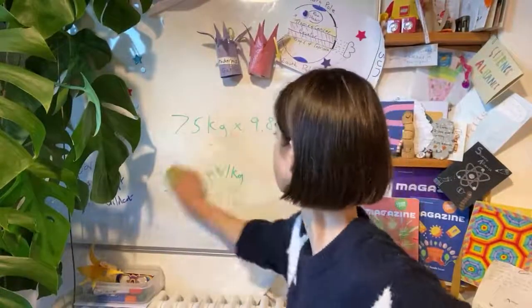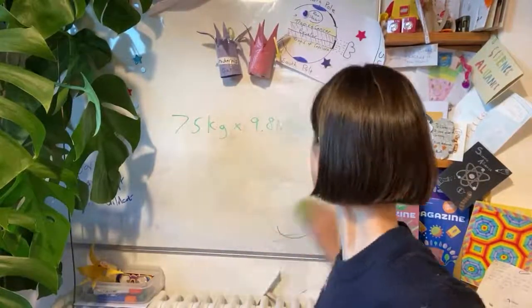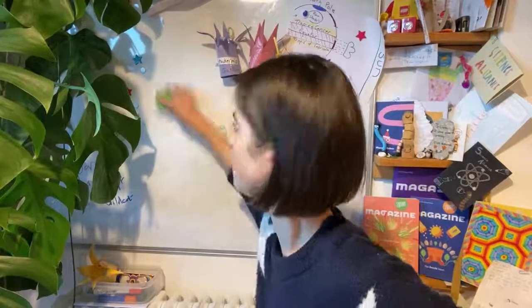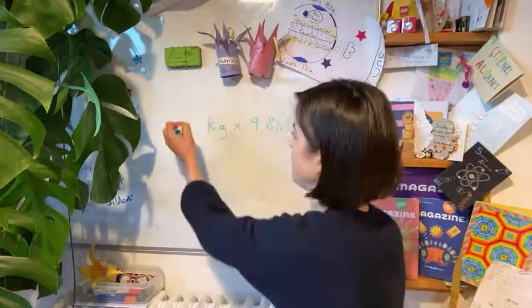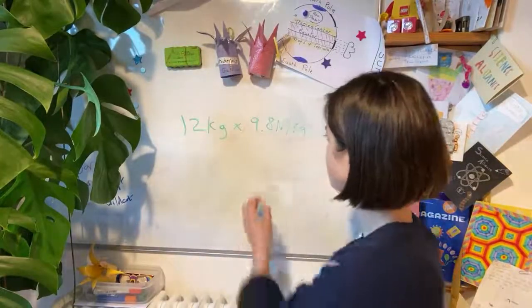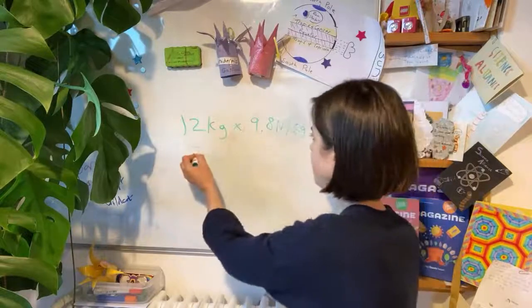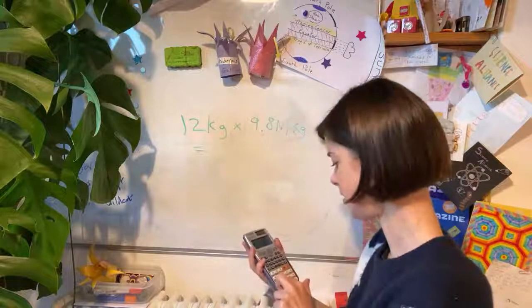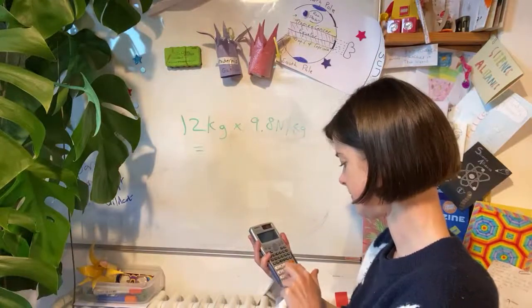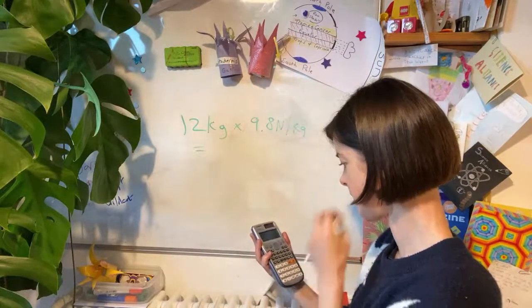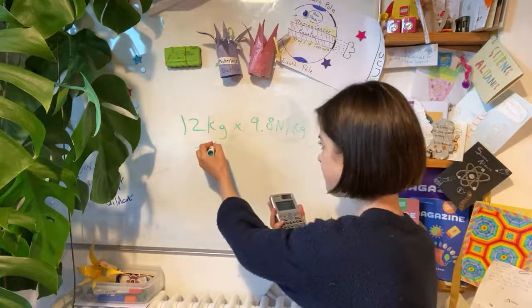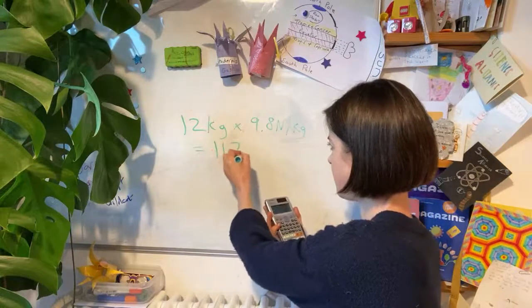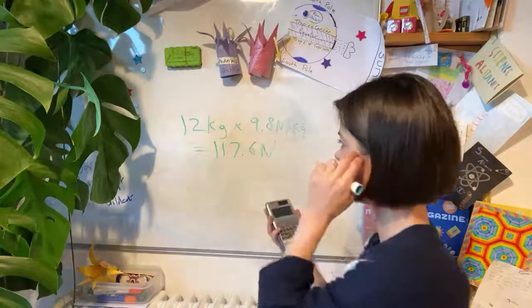Let's work out how much my niece weighs, shall we? So my niece's mass is 12 kilograms. We're going to times that by 9.8 to get her weight. And you should have got that my niece weighs 117.6 newtons.